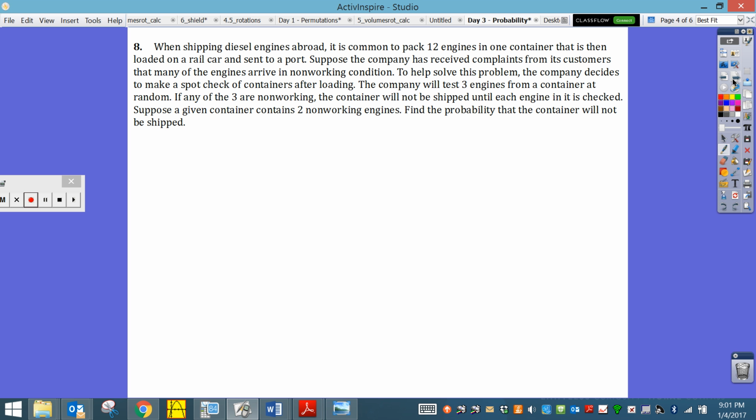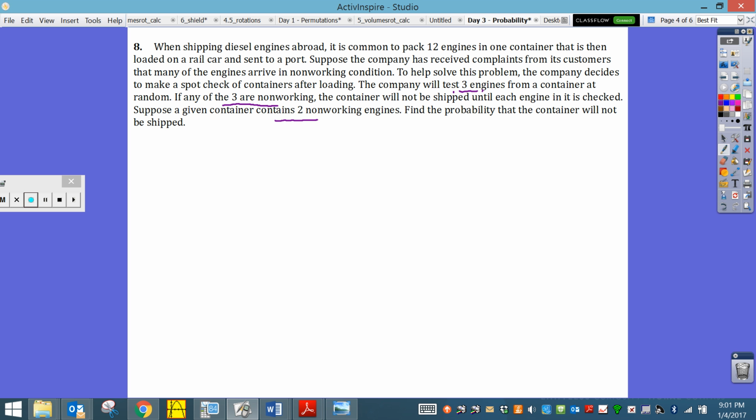Okay. So there's going to be 2 different ways to do this. For it to not be shipped, okay, we need to have 1 or 2 non-working engines. So out of that sample of 3, if any are not working, we're only going to test 3. If any are not working, that's going to tell me, hey, we're not shipping. So here we're looking at, suppose a given container contains 2 non-working engines. Find the probability that it will not be shipped.